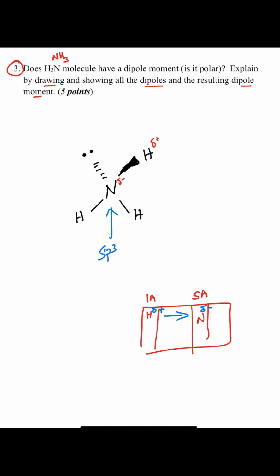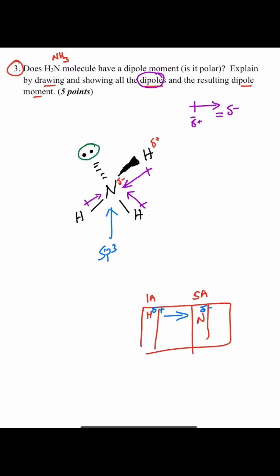But the best way to show this is to use dipoles. So this word here, dipoles, and dipoles are drawn like this, where the head faces a partial minus and then the tail faces a partial plus. In this case, nitrogen is partial minus, so the head is going to face nitrogen and the tail will face hydrogen. Same thing here and same thing here.